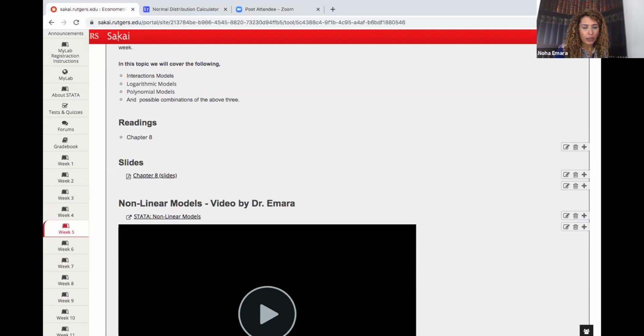What I cover in the class on our Zoom meeting would be similar to what you see in chapter 8 of your textbook, but it will also have other examples or more in-depth analysis of some of the models. So make sure that you complement your reading of the chapter with your notes from the class.